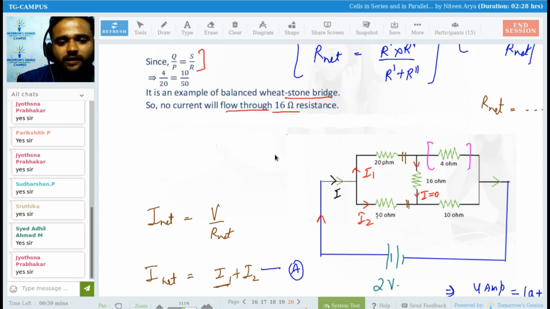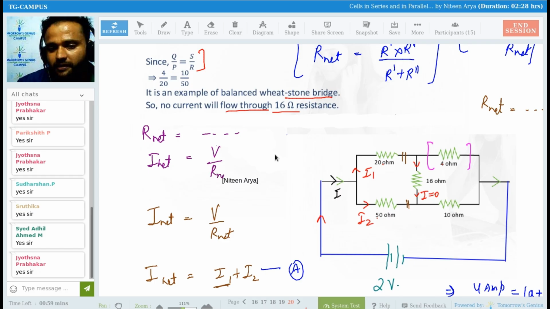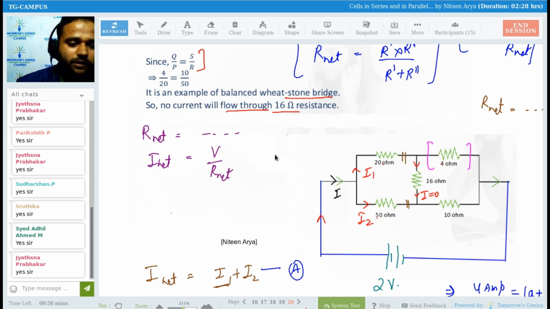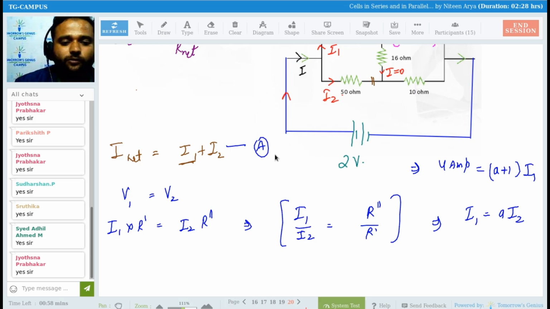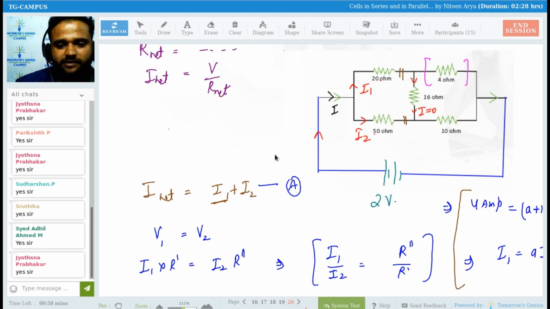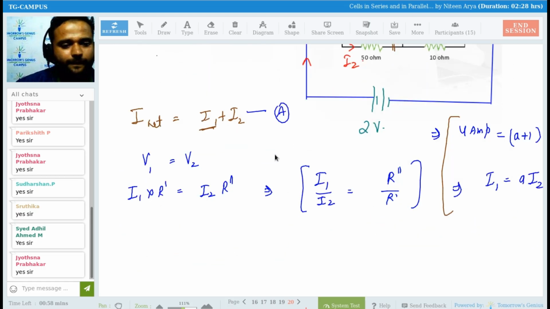So from this relation, R net you find first, then I net is easily V divided by R net, and then follow this condition. Okay. This is just an analogy, just an example I'm doing. Don't take it as 4 ampere. You get the current. Is this clear, everyone?